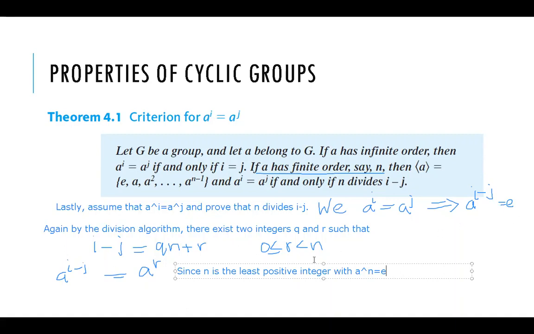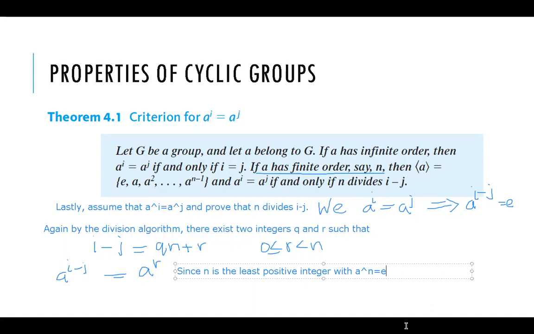We cannot have it, right? Because n is the least such positive integer. We cannot have a smaller integer whose power of a is equal to identity. So that is why r cannot be greater than 0. Actually, r is equal to 0.